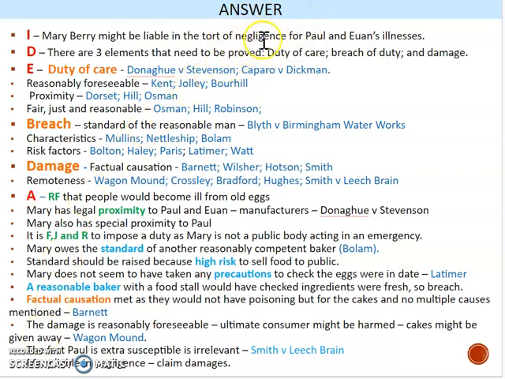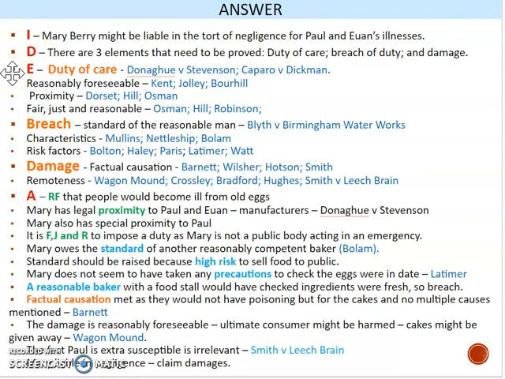And because I've said it's negligence, that tells me that I need to define negligence. So the first thing to say is that there are 3 elements needed to be proved in order to be successful in negligence: duty of care, breach of duty, and damage. So I've defined the issue that I'm going to be explaining and applying.